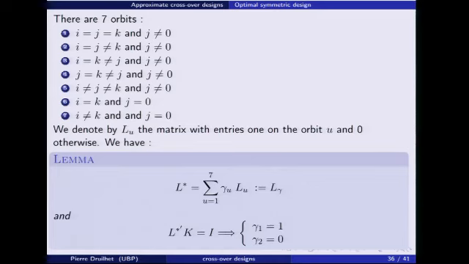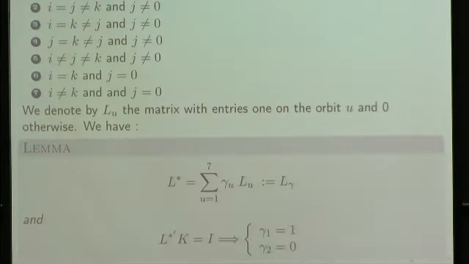We have 7 orbits in the group. All the entries equal to 1 are equal. The 2 first entries are equal, etc. The 5 first orbits are for inside the design, and the 2 others, 6 and 7, come from the fact that you take into account the special carryover effect at the beginning of the experiment. So, for example, if you use a circular design, you just have 5 orbits and not these ones.